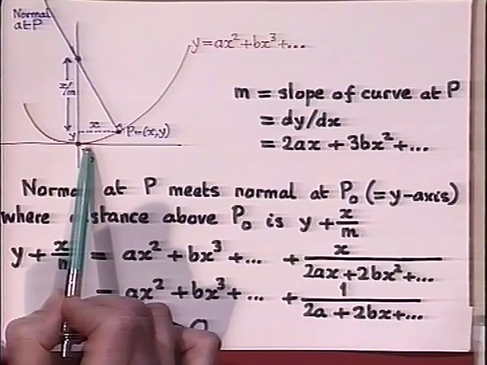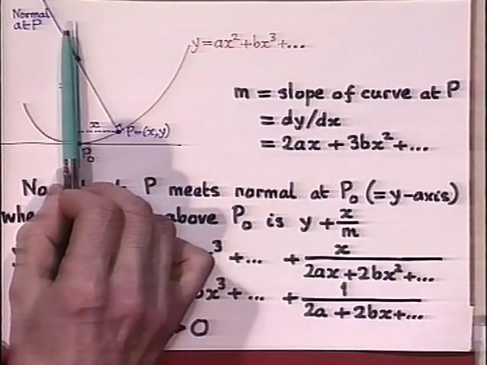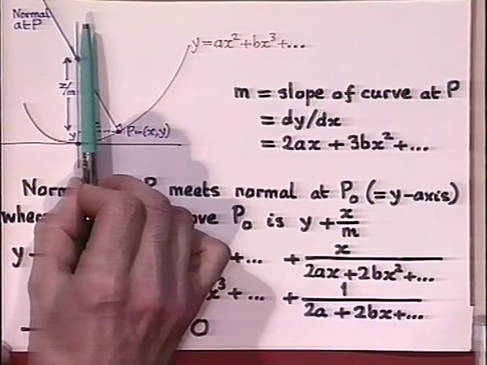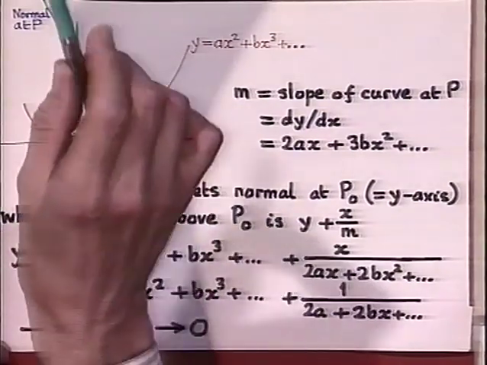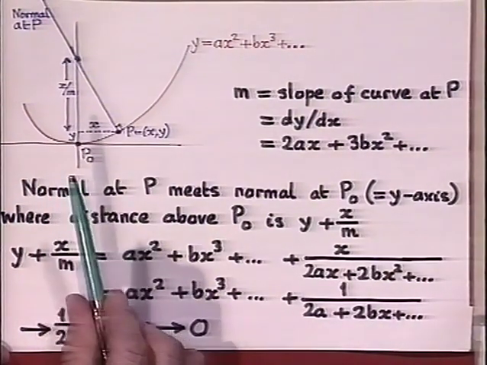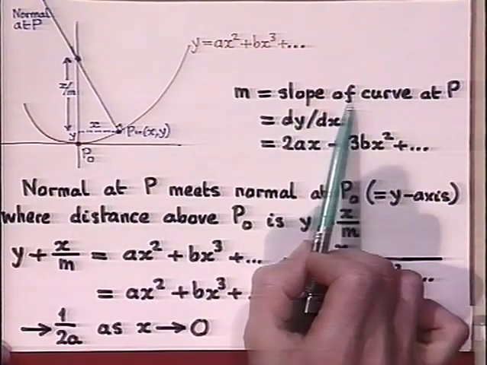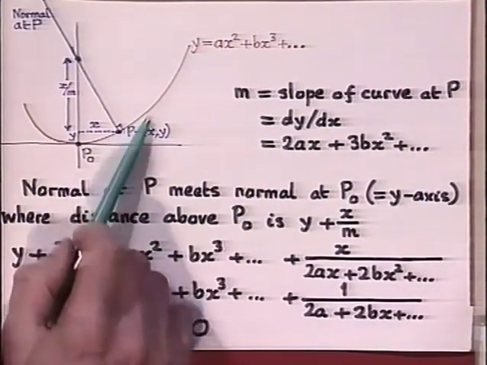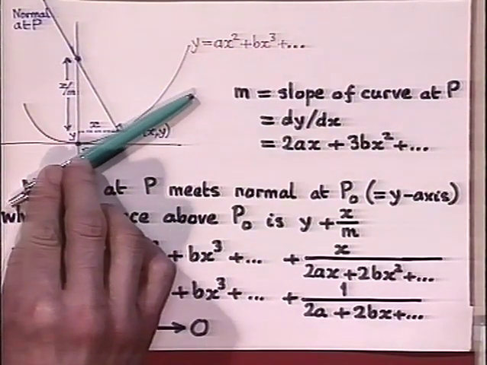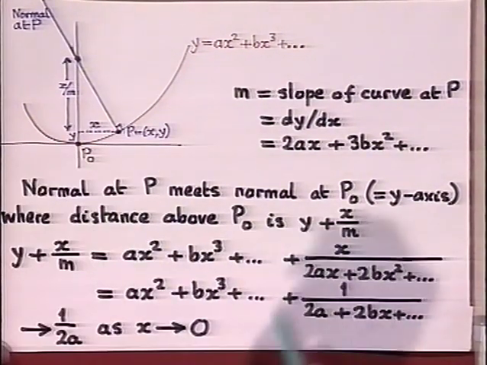You might think that if P is very close to P0, the normal at P0 and the normal at P would be almost parallel, so they would meet far up the axis, but this is not so, as the calculation shows. Let m be the slope of the curve at P. So that's the slope of this tangent line to the curve.